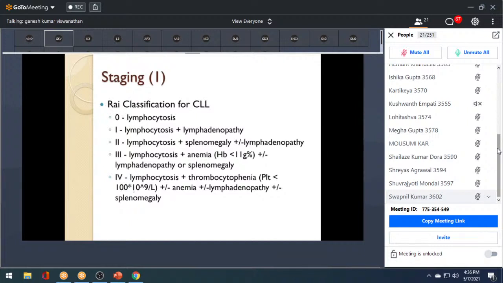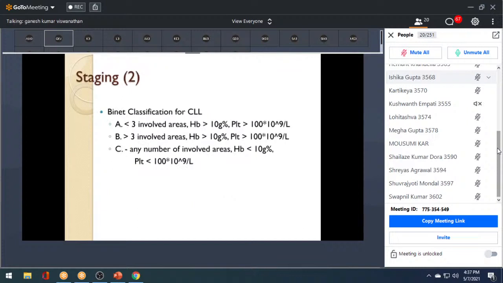In stage 0, you can have only lymphocytosis. In stage 4, we have lymphocytosis, thrombocytopenia, and splenomegaly, whereas the intermediate stages are made based on the presence or absence of lymphadenopathy, splenomegaly, anemia, the level of anemia, etc. As self-explanatory, the higher the stage, the worse and more aggressive the disease.